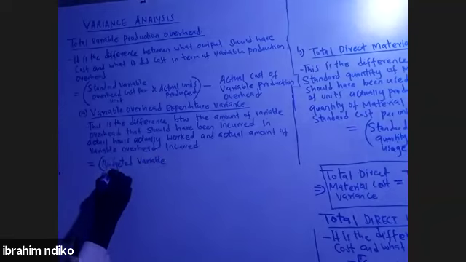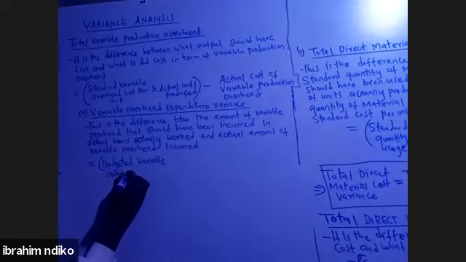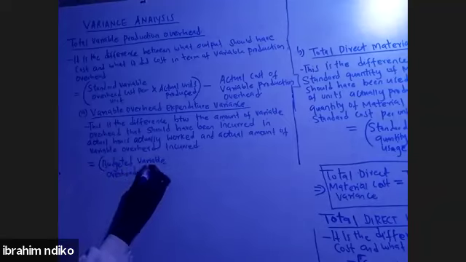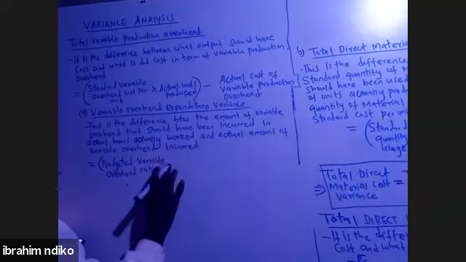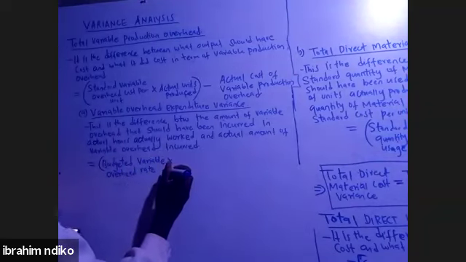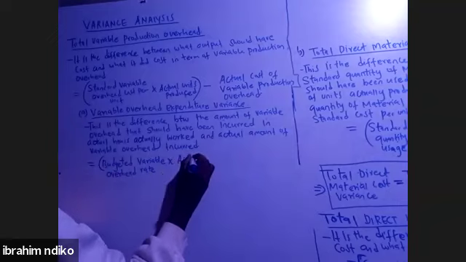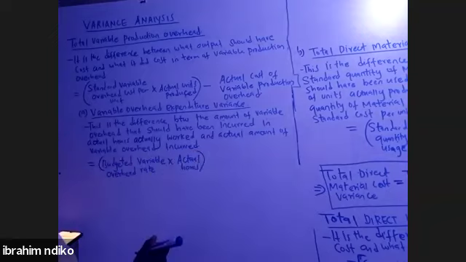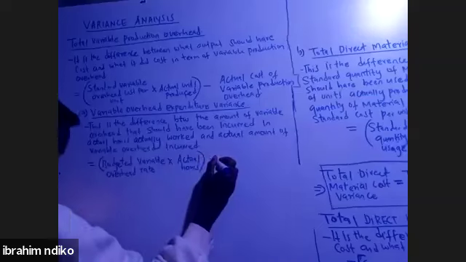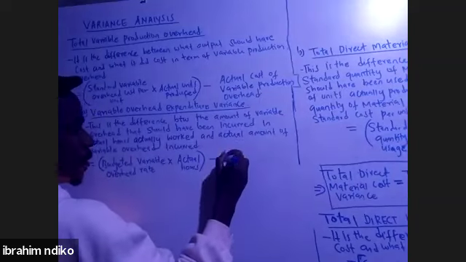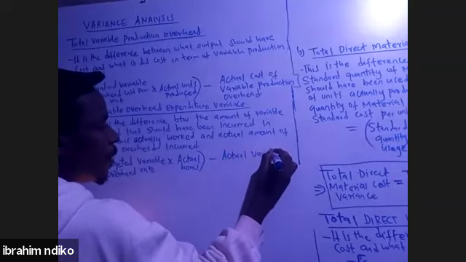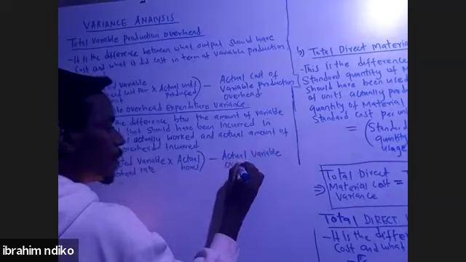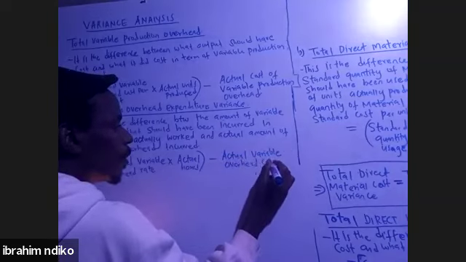Now you can give the formula. Budgeted variable overhead rate multiplied with actual hours. Then we minus actual variable overhead cost.